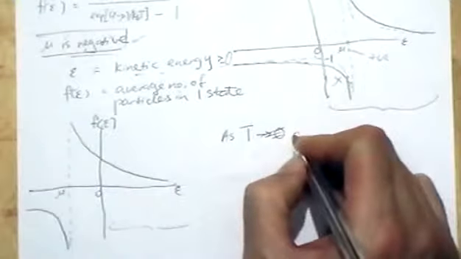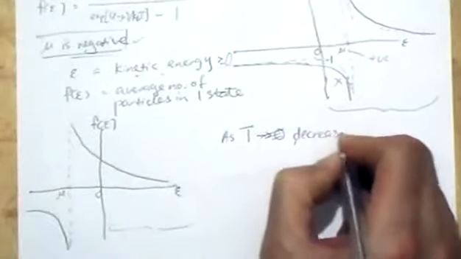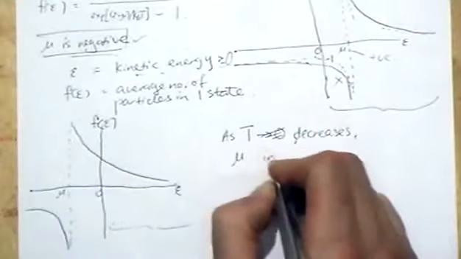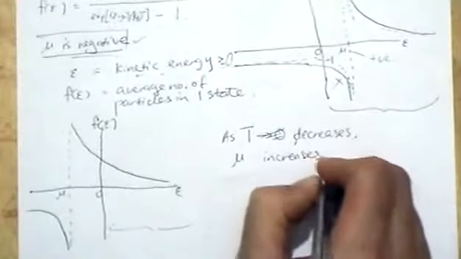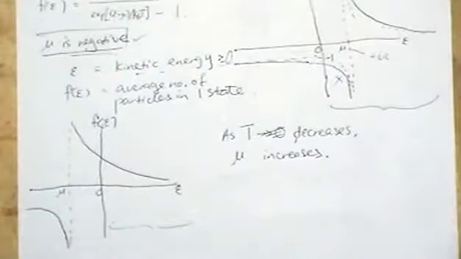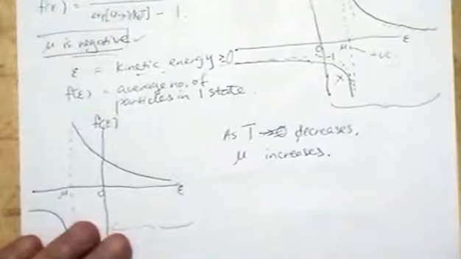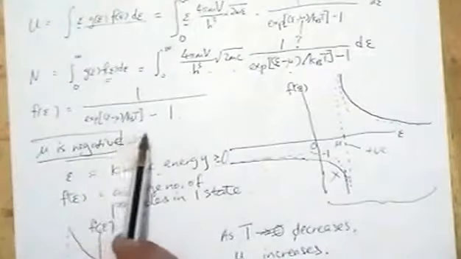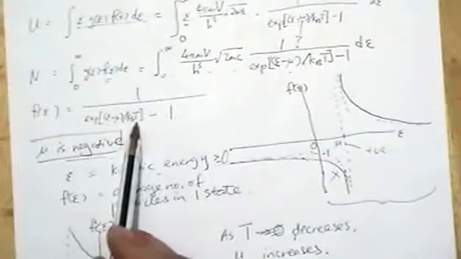Let's say as temperature decreases, we want to show that mu increases. Okay. Now the way to do that is to take a look at Fe again, our average number of particles.